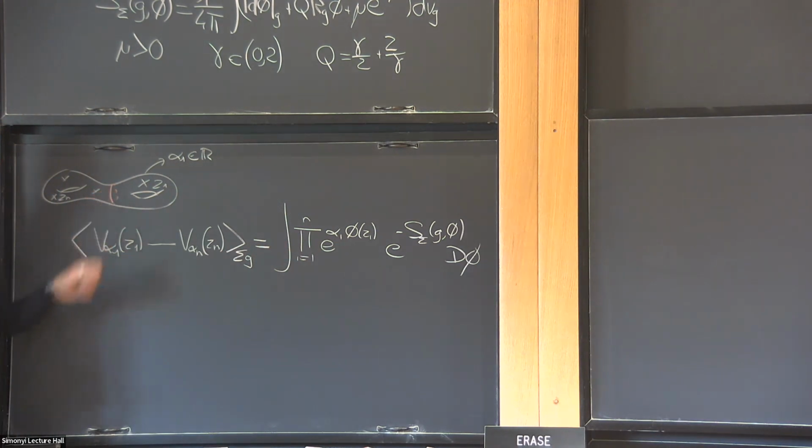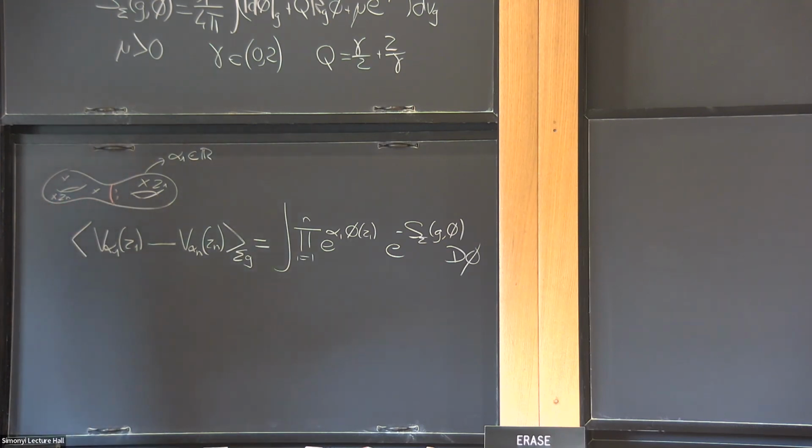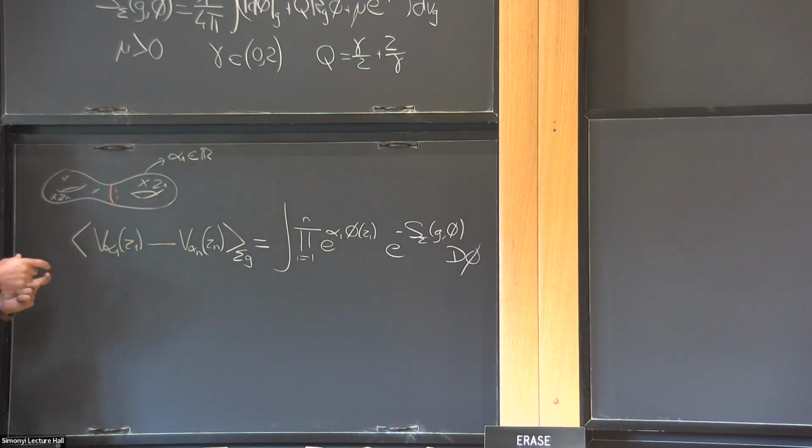Okay? So this will be called amplitude. So you will have one amplitude on this side of the manifold, one amplitude on this side, and you will glue them together to recover the whole manifold. Okay, and this gluing will be performed by integrating over some Hilbert space. And this is what I'm going to describe now.